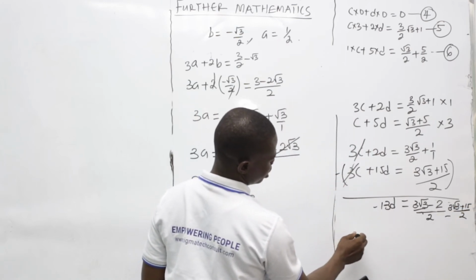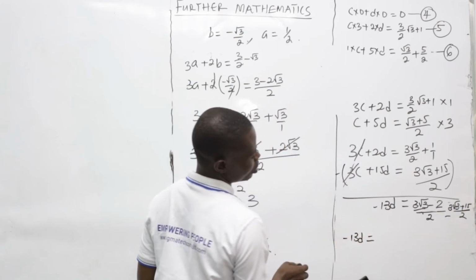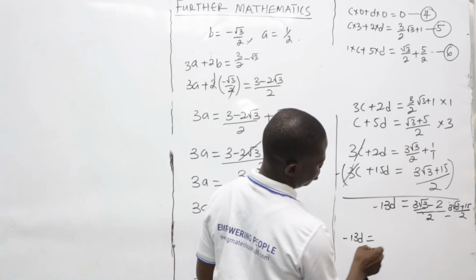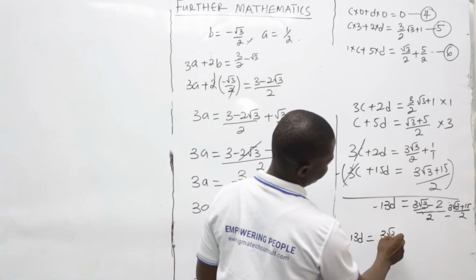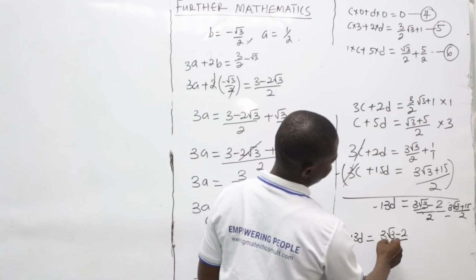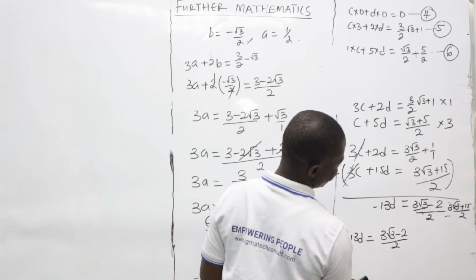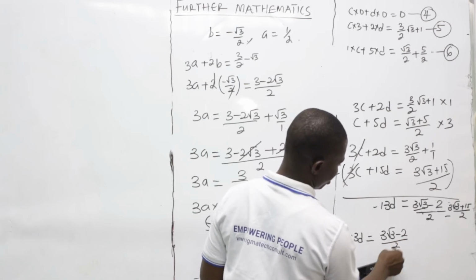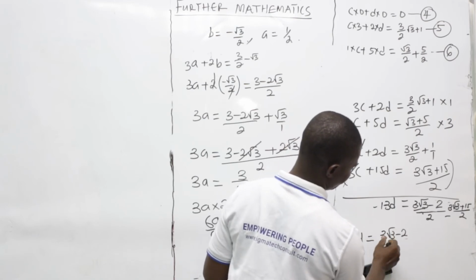So what do you have? Minus 13d equals (3√3 minus 2) all over 2. Our LCM here is 2.